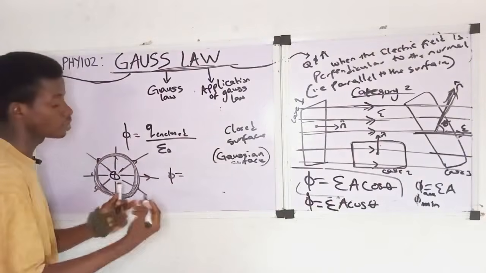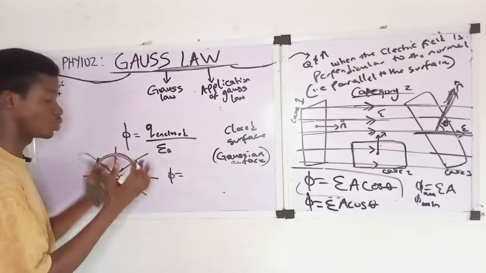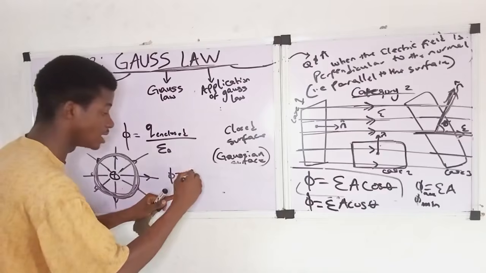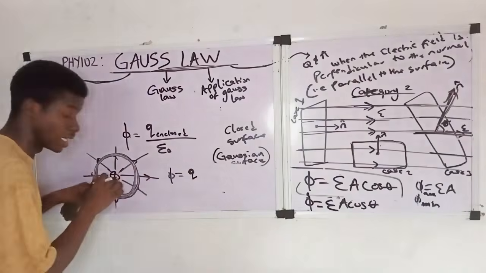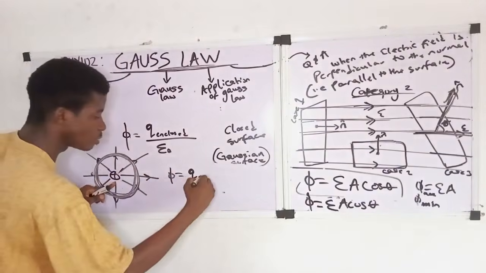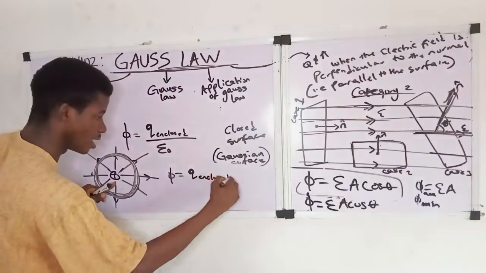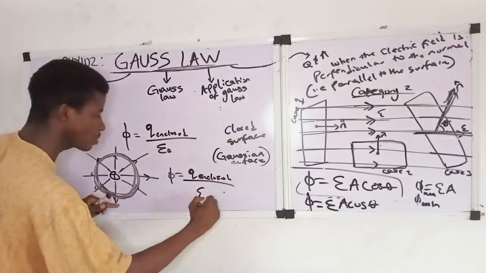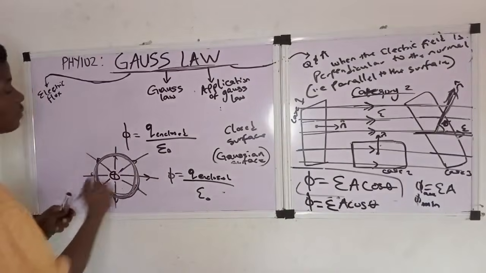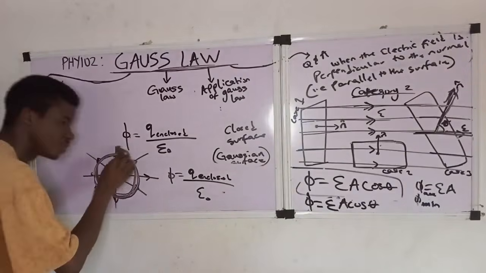So the total electric flux passing through a Gaussian surface equals the charge that is enclosed, divided by the permittivity of free space. So this is the formula for Gauss's law.